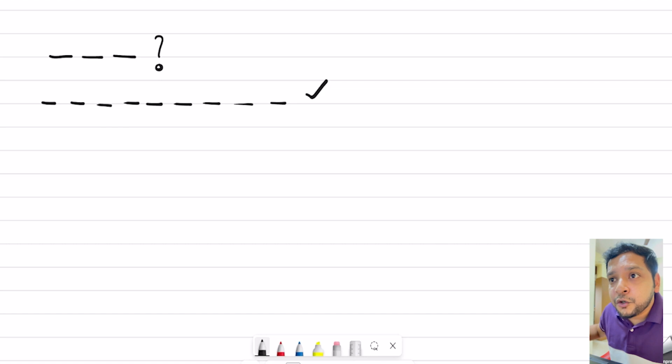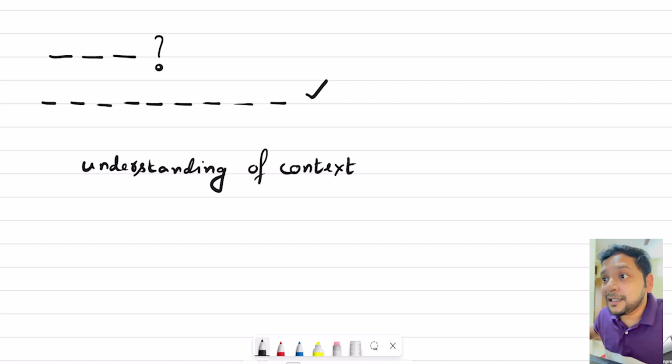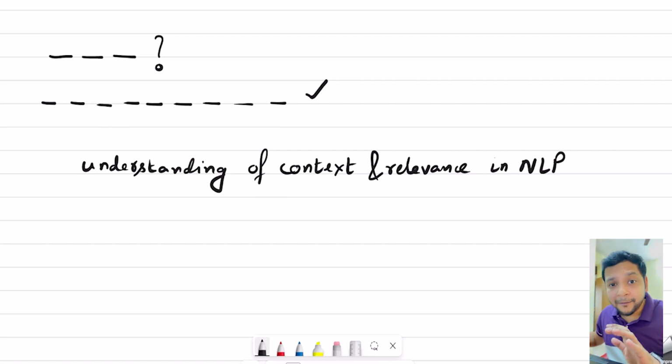Thus, the model should have an understanding of the sentence and the context in which it has been constructed. Understanding of the context and relevance is very important in NLP. Languages in general are very difficult.